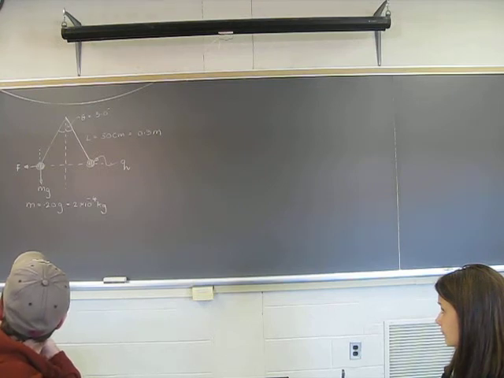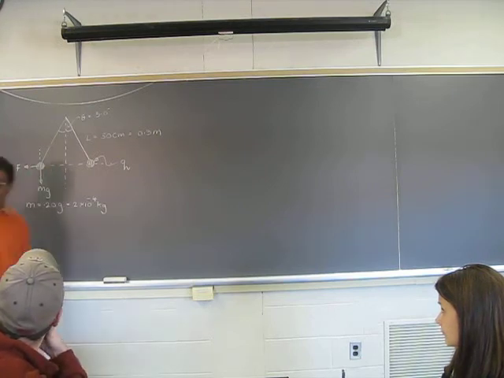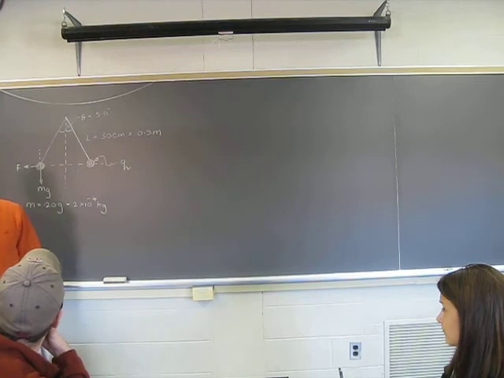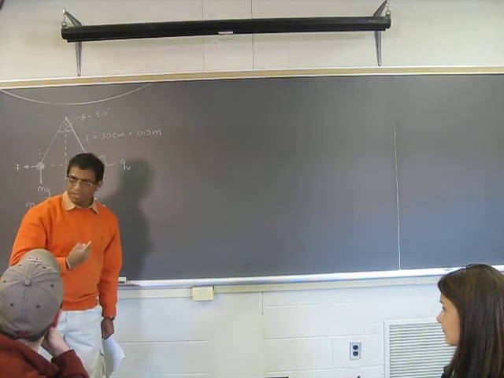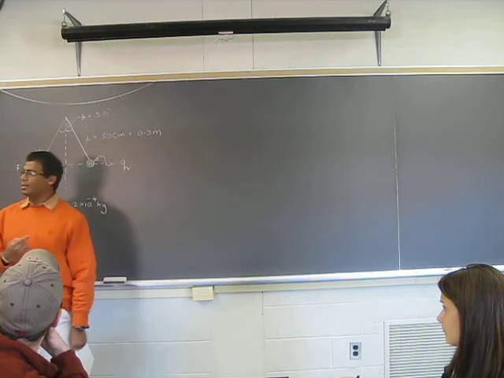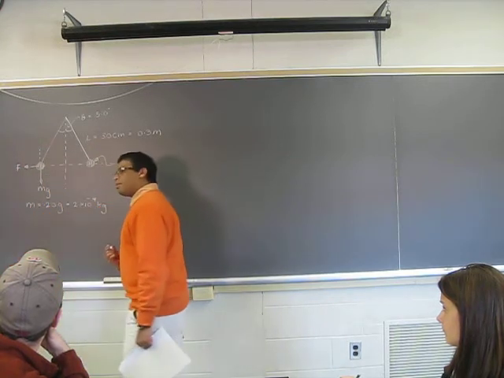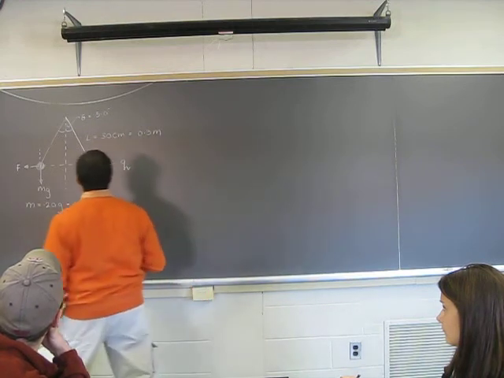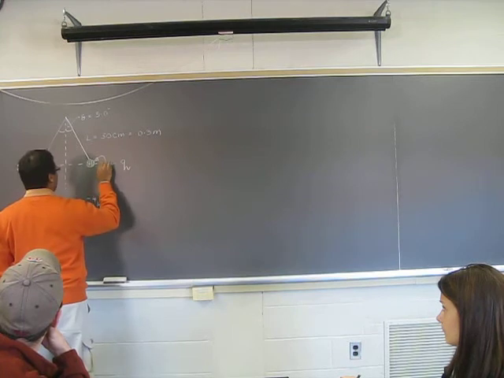Obviously, whatever we have is going to be the same for the other mass. The force is going to change its direction, obviously. Apart from that, everything pretty much is going to be the same. Okay? So if I go to draw, I have a force here.